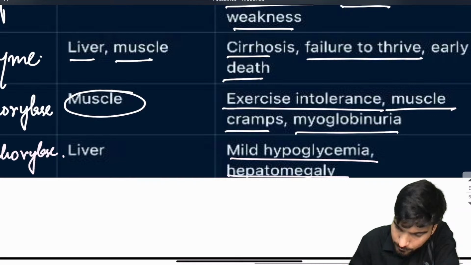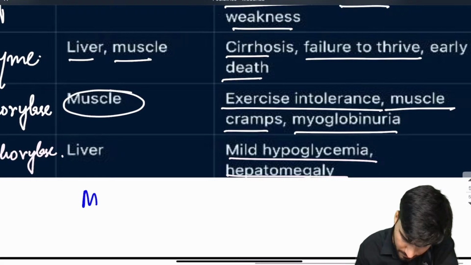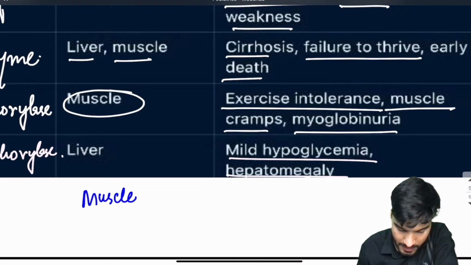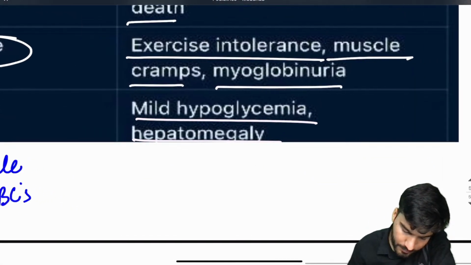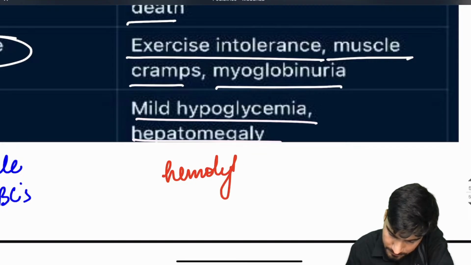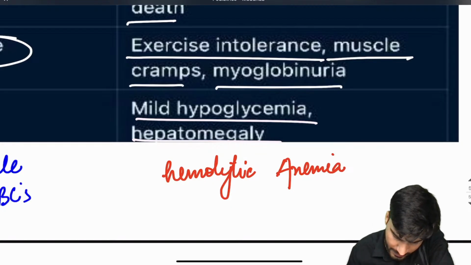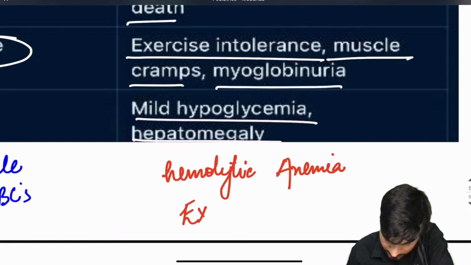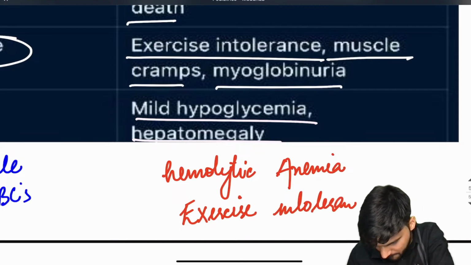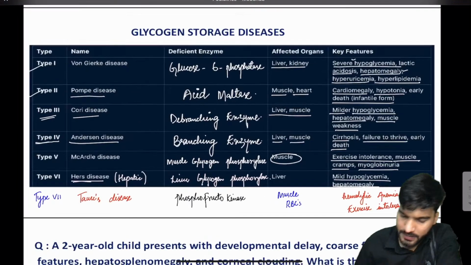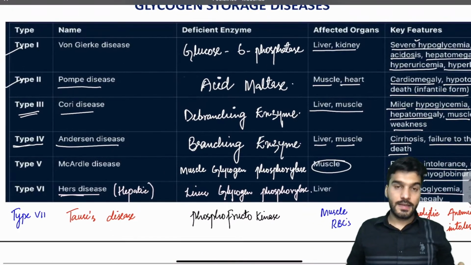It usually involves muscles and RBCs, and the key features are hemolytic anemia and exercise intolerance. Is that clear to everyone? Yes. So glycogen storage disease, guys, is important.